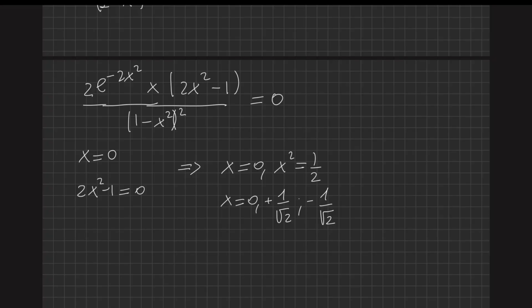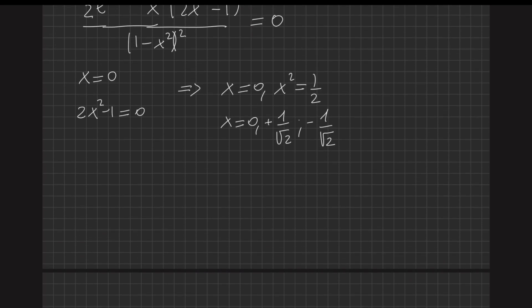And now what's left? Only to compute the sign chart of the first derivative. We have the zeros of the numerator, so that's perfect. Now we have to compute the zeros of the denominator, but those are not hard because we got again 1 minus x squared, so we know that the zeros are plus and minus 1. Now you just draw the sign chart of this first derivative to figure out when you have a max or a min.